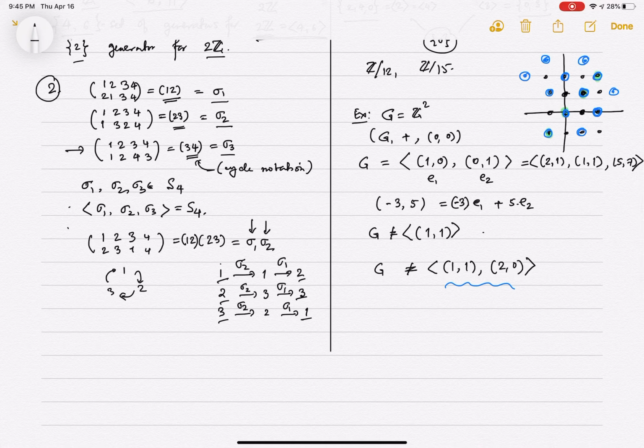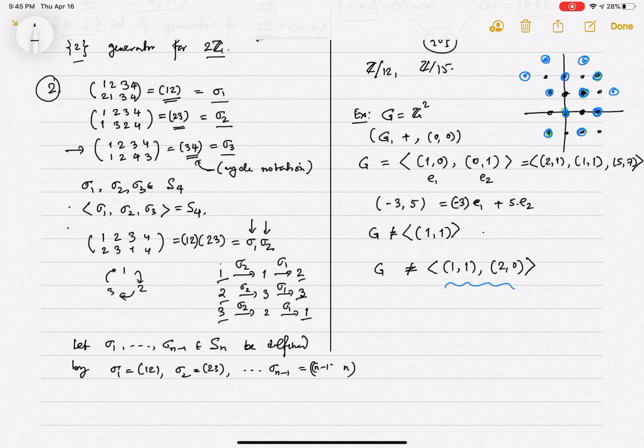More generally, let sigma 1, sigma 2, ..., sigma n-1 be the elements defined by (1 2), (2 3), and so on, up to the one that flips the last two numbers.